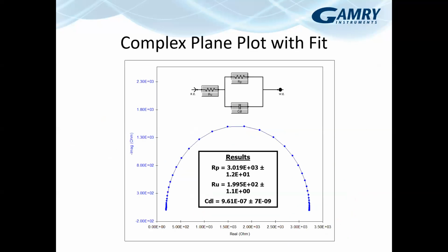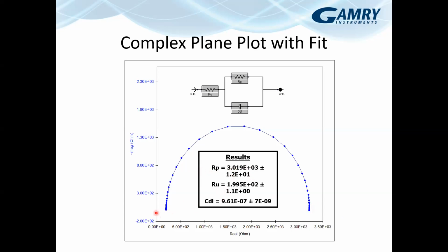So if we take that data and that model, that simplified Randles cell, we can fit the data. So this is the model used, the simplified Randles, and then if we fit the model data to the experimental data, we can pull out values here. So in this case, RP, which is the diameter of this semicircle, is 3 kiloohms.